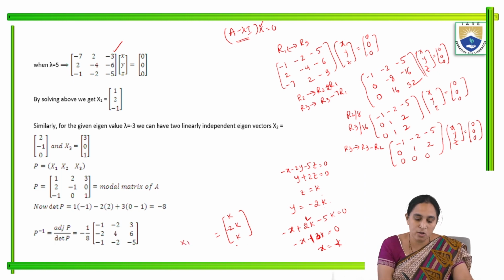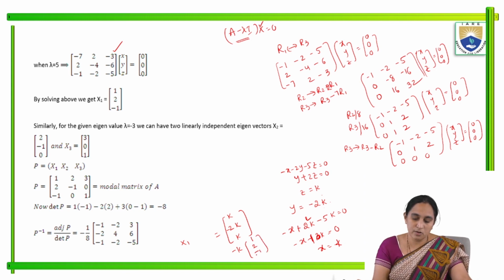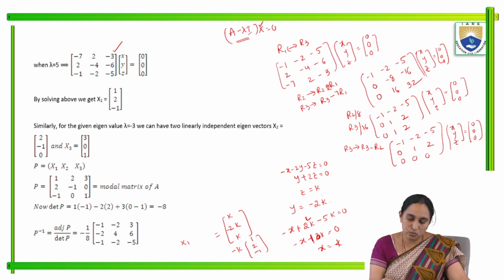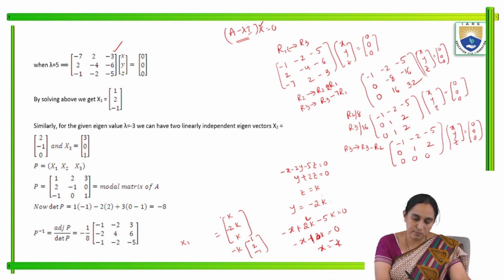From that I am taking common minus k, that is 1, 2, minus 1. Here y as minus 2k, maybe here some mistake, it is 2k, and here minus x, this is minus.